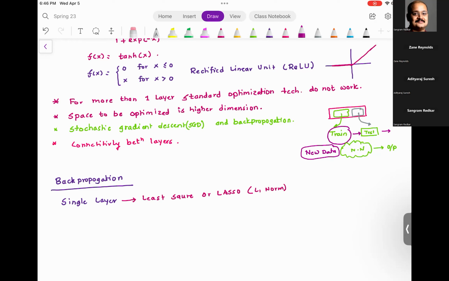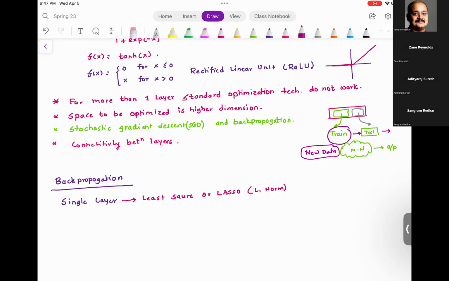But when you have a multi-layer network, you want to come up with some sort of algorithm that can simultaneously optimize more than 1, 2, 3, 4, 5, 6 weights.